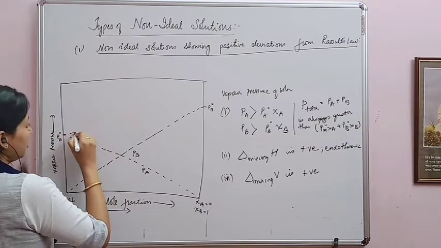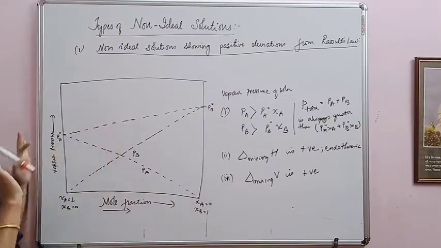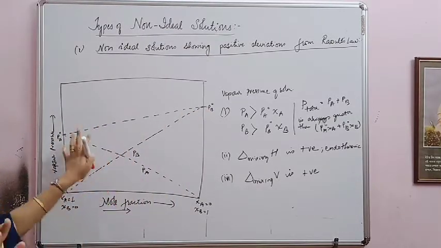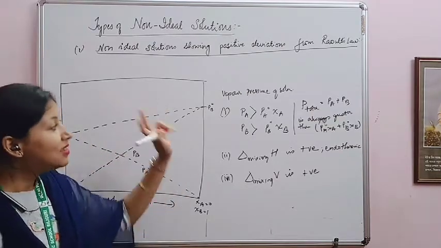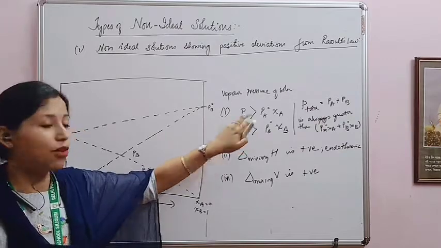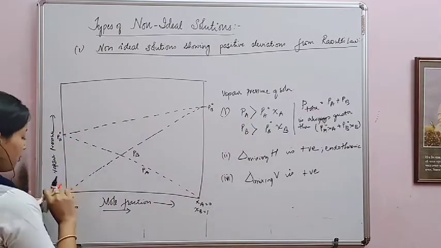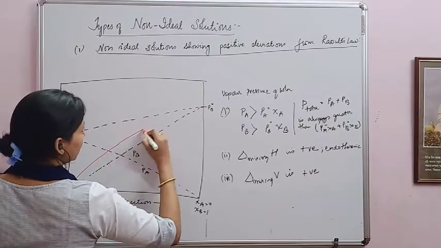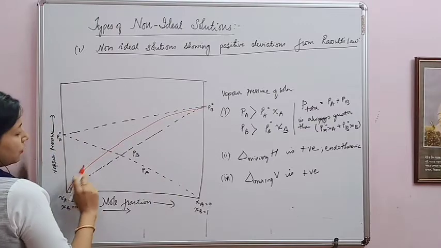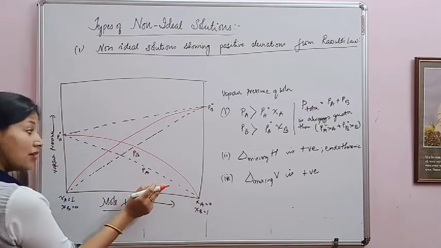So we will join this and that will be here for total vapor pressure. Now I have used dotted lines. This is for the ideal condition. Since the vapor pressure of component A is greater than PA0 into chi A, so I will show the increase in this manner. Okay, so the vapor pressure of component A has increased, the vapor pressure of component B has also increased.